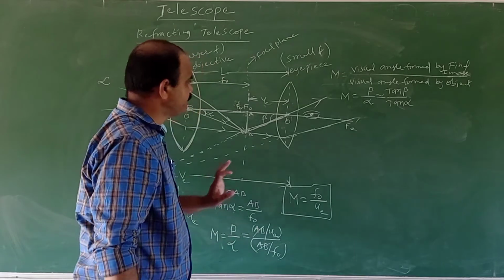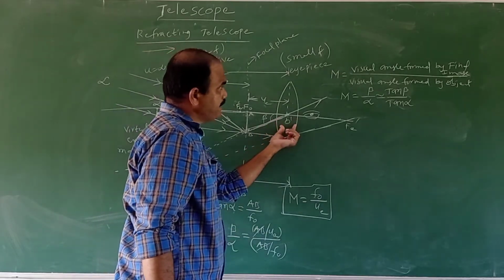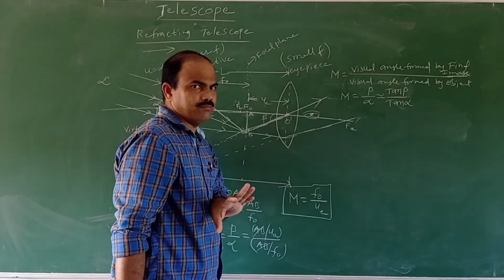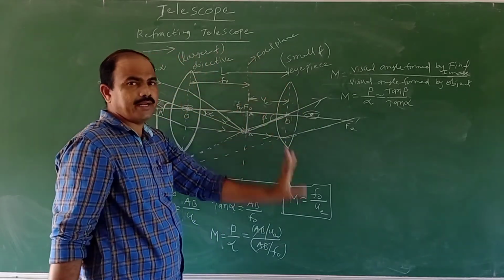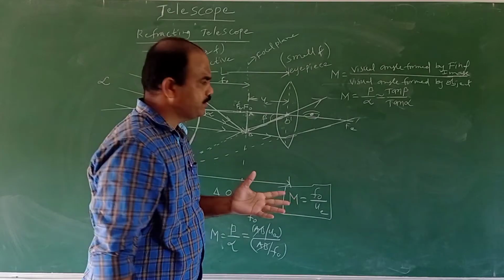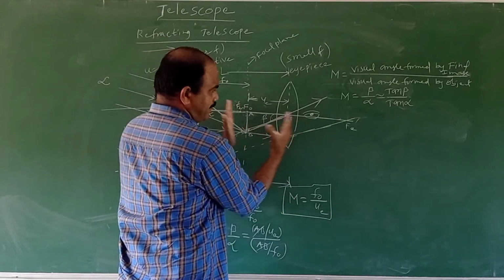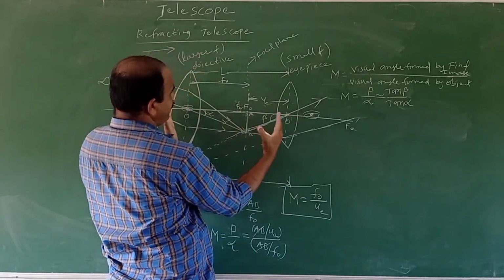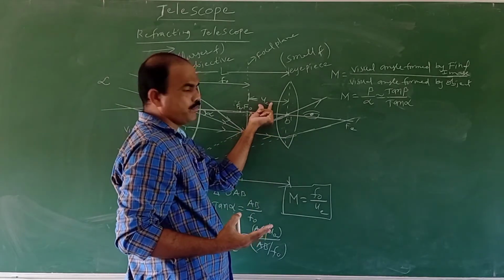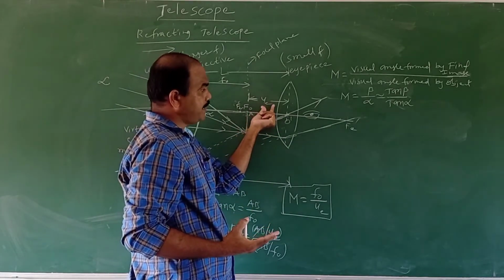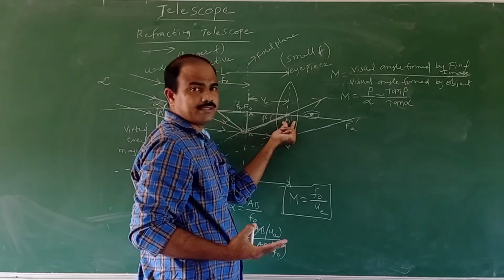The eyepiece in the telescope acts as a simple microscope. By adjusting the distance between the objective and the eyepiece, we can change u_e, the object distance for the eyepiece.